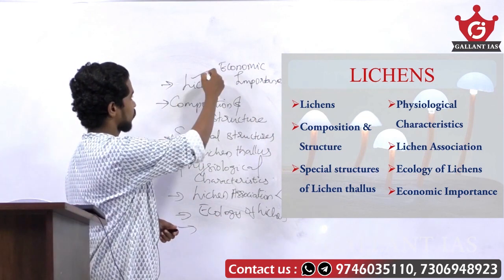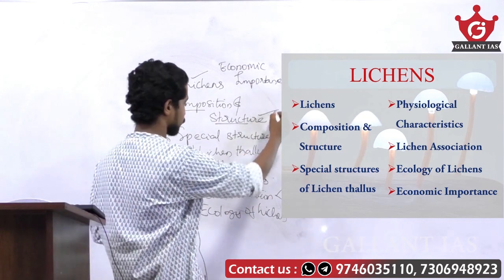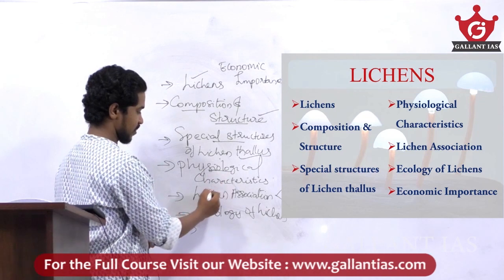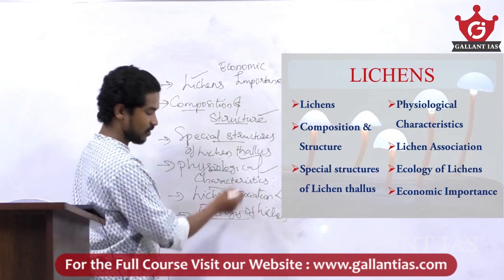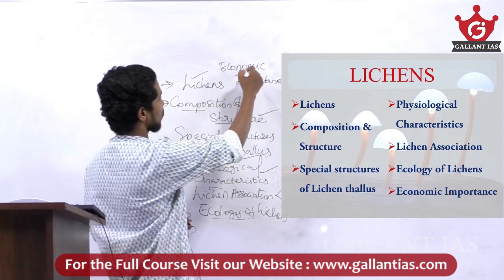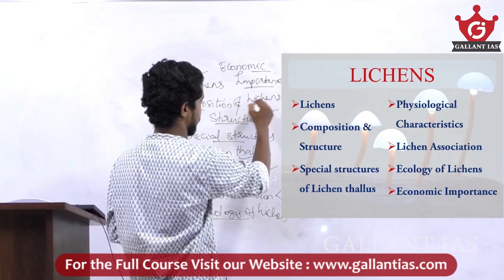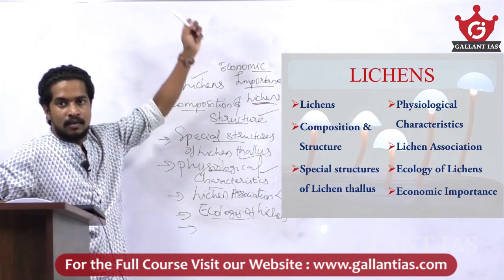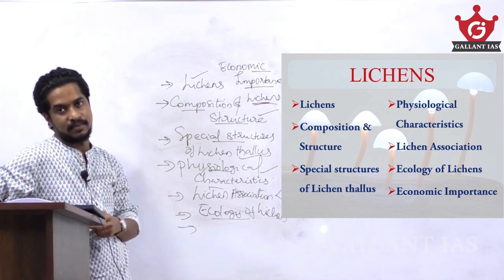So under lichens you have to know what lichens are, their composition, structure, special structures of lichen thallus, physiological characteristics, lichen association, and the ecology of lichen, or the ecological importance of lichen, and the economic importance of lichens. So these are the topics we are discussing under fungi and lichens.